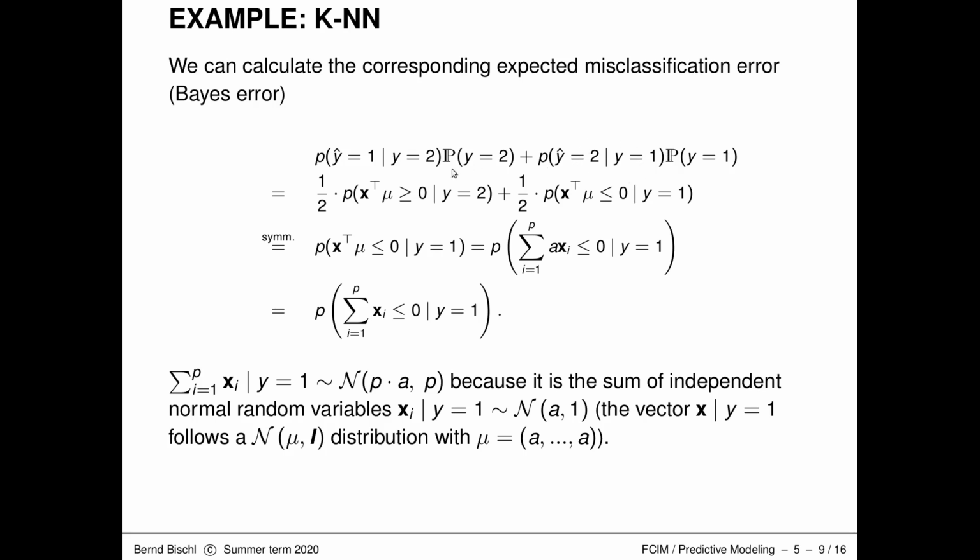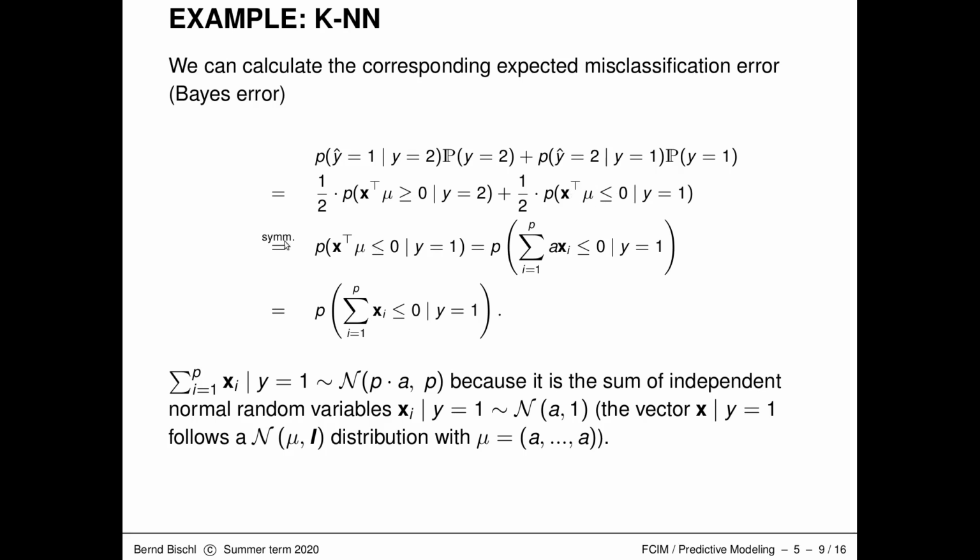And that happens with 50% probability where we assume that we are in the second class, and we are on the positive side of this hyperplane, or with 50% probability we are in the first class and we are in the negative half space with respect to this decision boundary hyperplane.